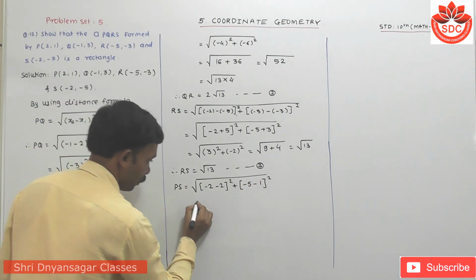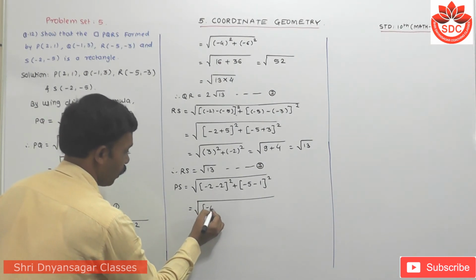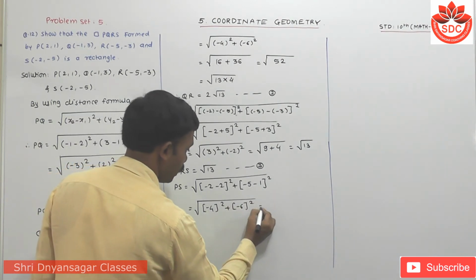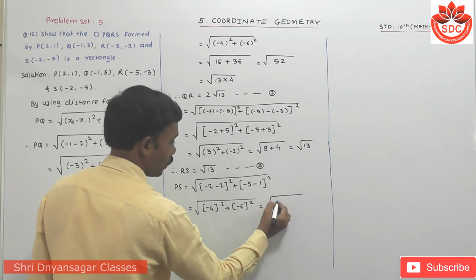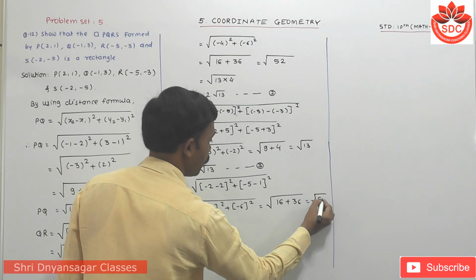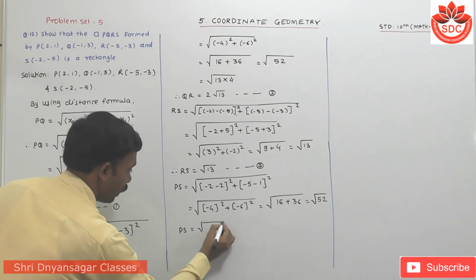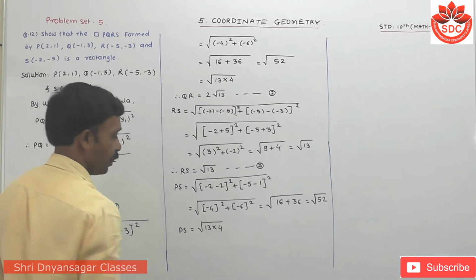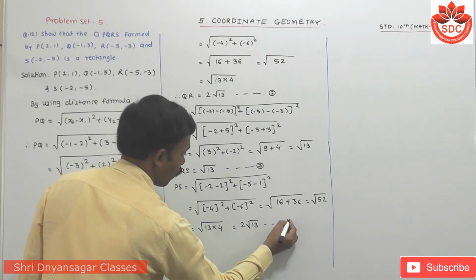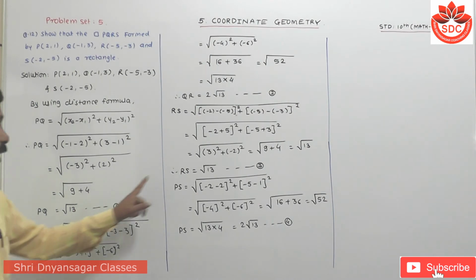This value becomes minus 4 bracket square plus minus 6 bracket square. Then I have to take this square here. Minus 4 square is 16 plus 36. Again this value becomes 52. Then PS is equal to, I have to again factorize it, 13 into 4, is equal to 2 root of 13. Equation number 4.